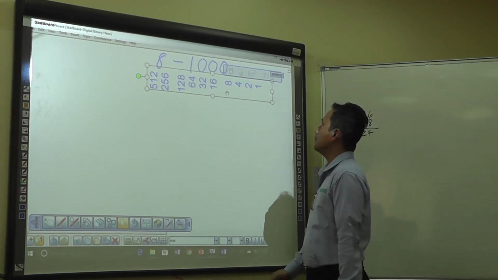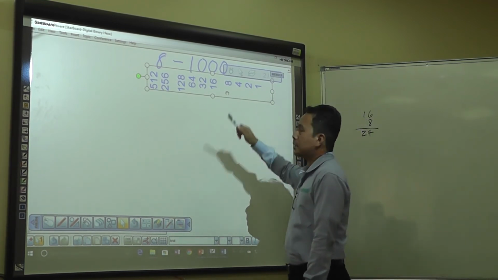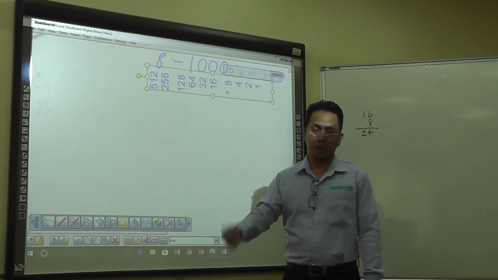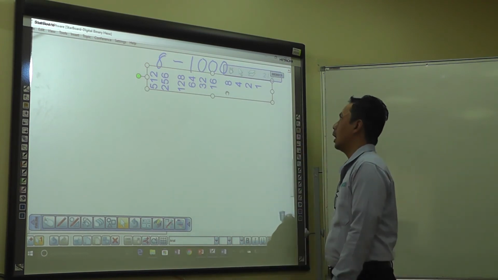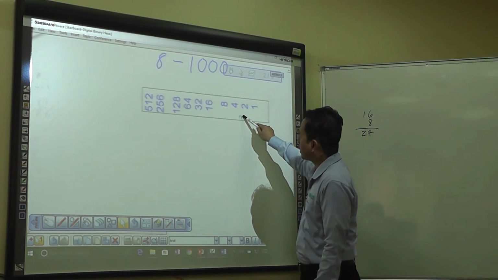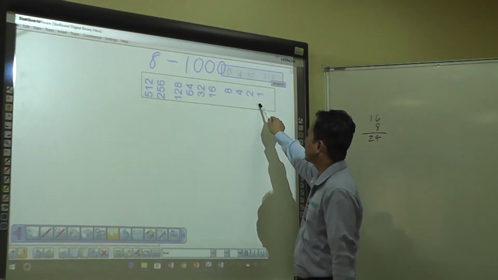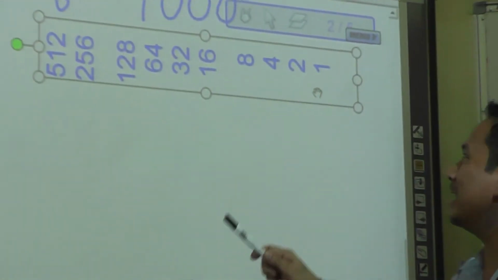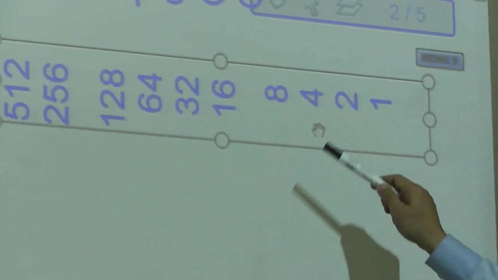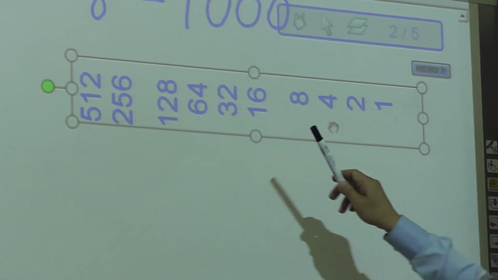Okay, so there is another technique I would suggest. By using this table, you can easily be guided on the value of each binary number.